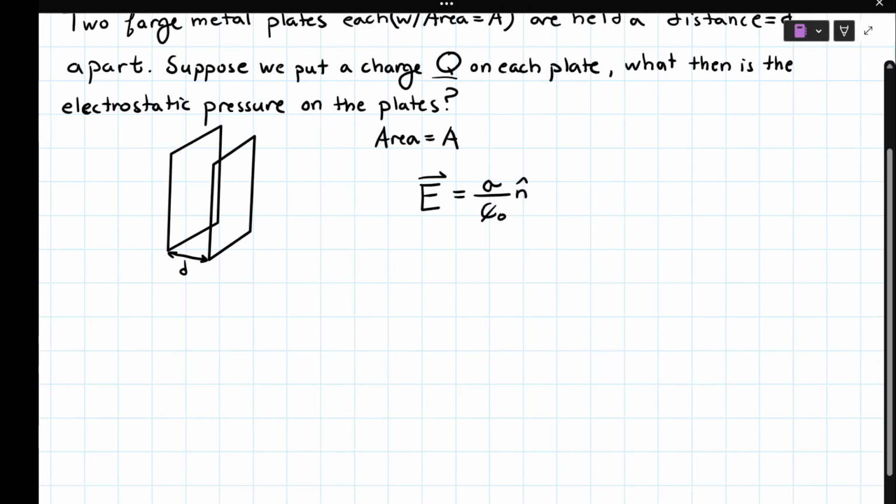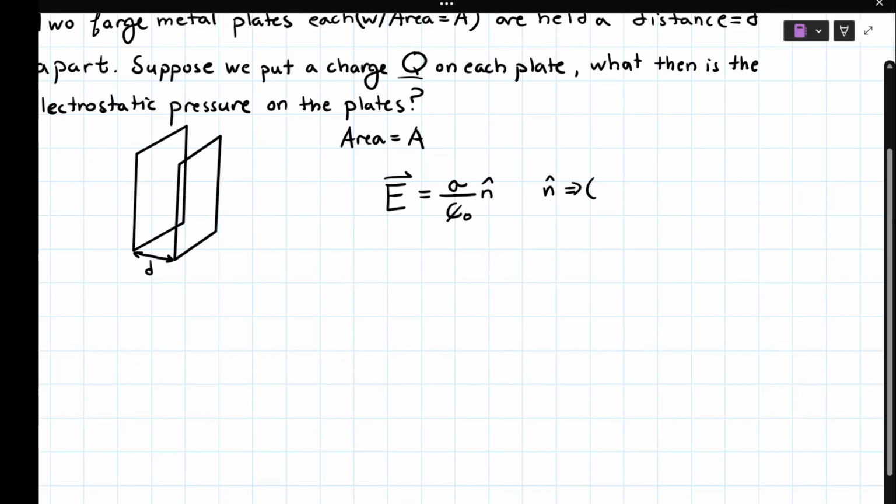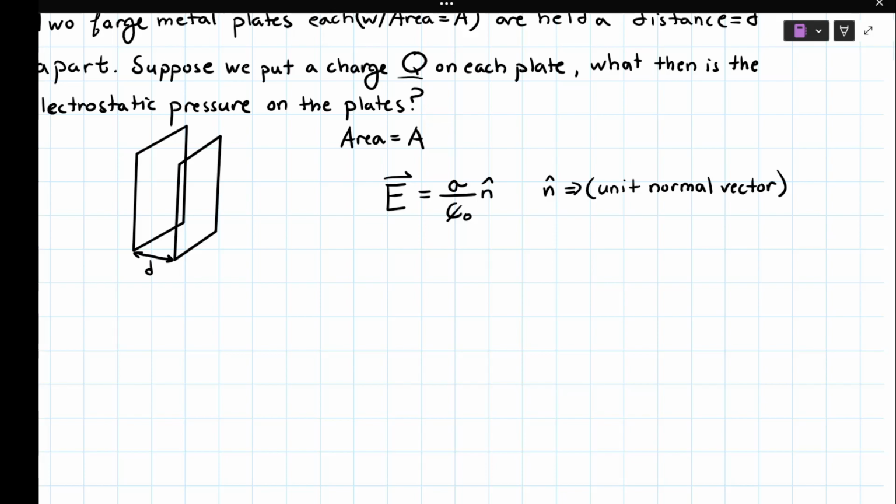What n hat stands for in this situation is the unit normal vector. And by normal, what it means is that this unit vector is going to be perpendicular to the surface that is producing this electric field, right?